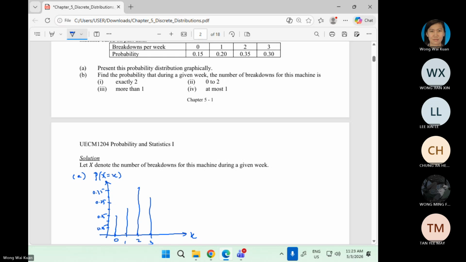Okay. Now B. Find the probability that during a given week, the number of breakdowns for this machine is exactly 2. So B, number 1. I want to find exactly 2. What is exactly 2?